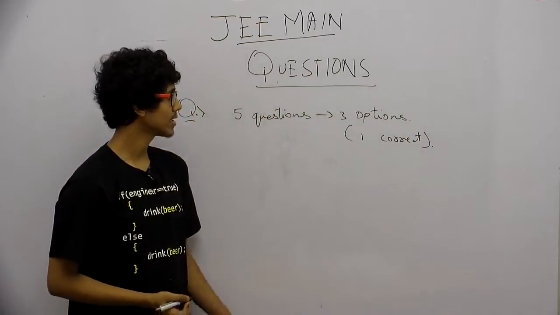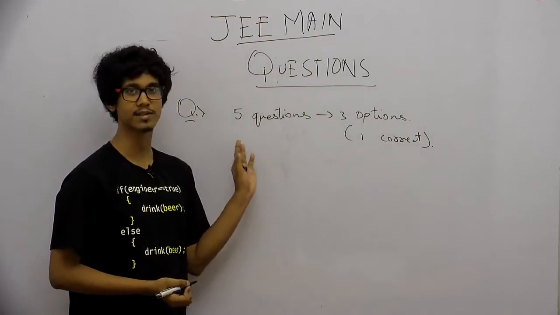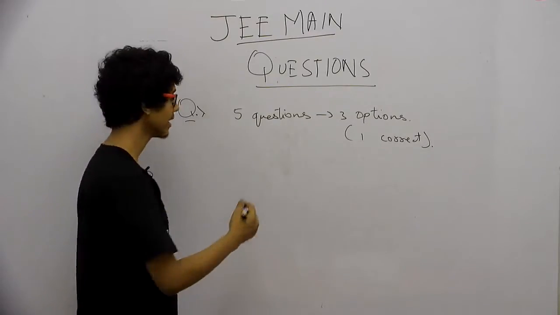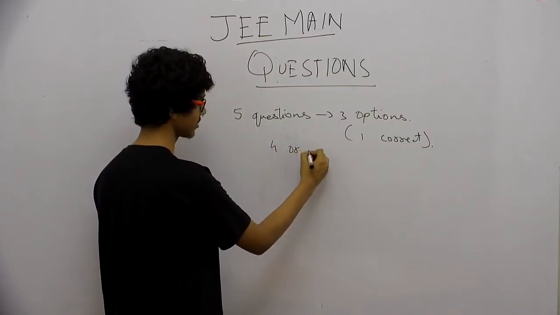The question asked is, if a student guesses all of the questions, what is the probability that he will get 4 or more correct?